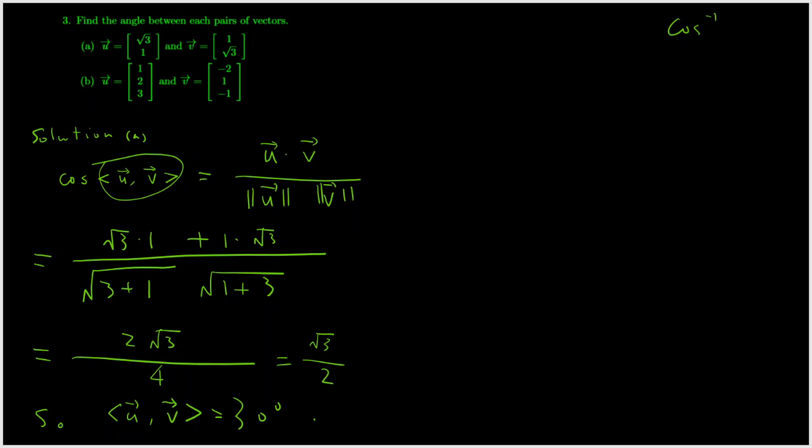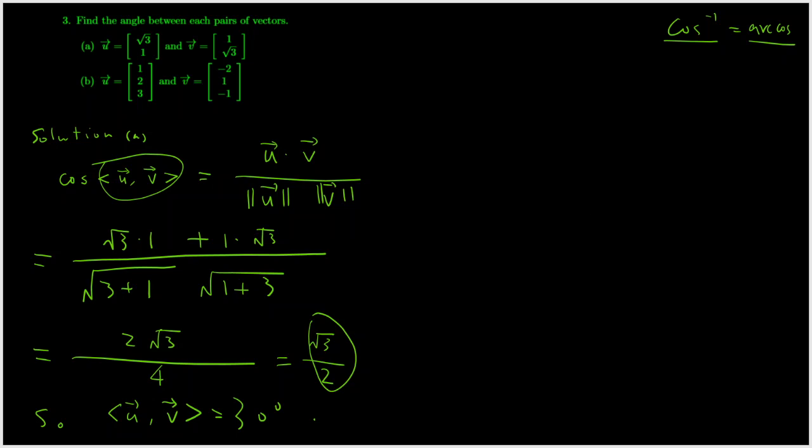Either inverse cos or arc cos. So do you see that button on your calculator? Convert this number to decimal, and then you compute arc cos. Use arc cos or inverse cos on your calculator, and then you should get the angle of 30 degrees. Actually, on Friday you are going to have a question like this.